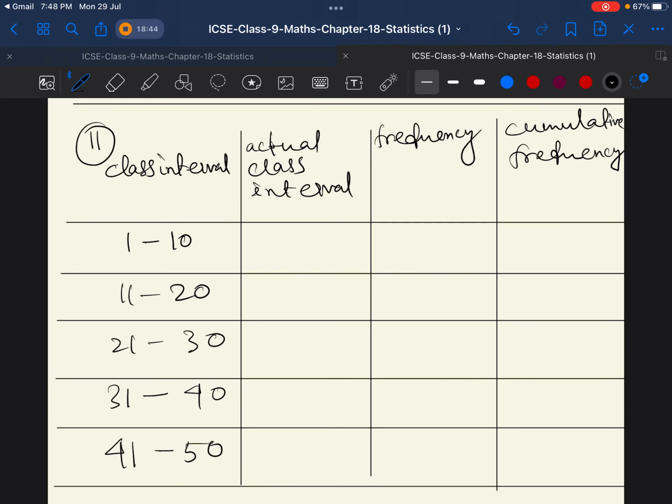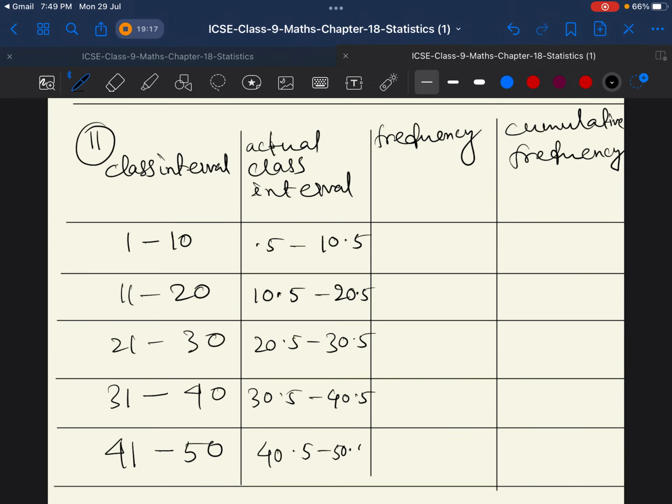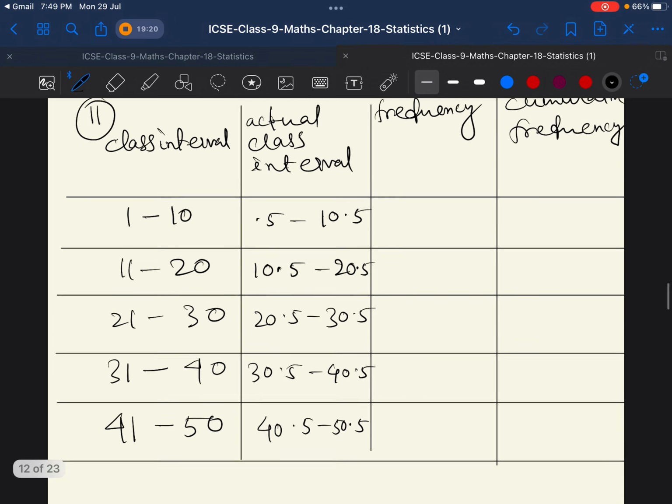Now we have to convert to the exclusive distribution. So the actual class interval will be 0.5 to 10.5. Subtract 0.5 from 1 and add 0.5 to 10. This will be 10.5 and add 0.5 with 20, 20.5. This is 20.5 to 30.5, this is 30.5 to 40.5, and this is 40.5 to 50.5.